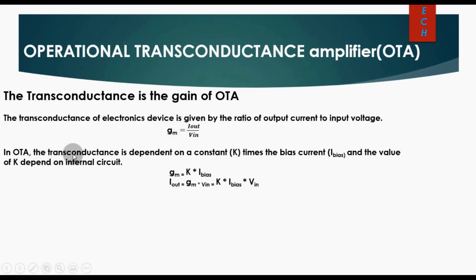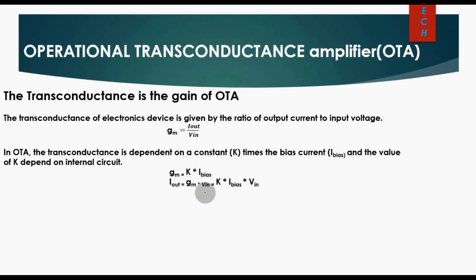In OTA, the transconductance is dependent on a constant K times the bias current I bias, and the value of K depends on the internal circuit. So GM equals K into I bias. From this, I out equals GM into V in. Replacing GM, I out equals K into I bias into V in.